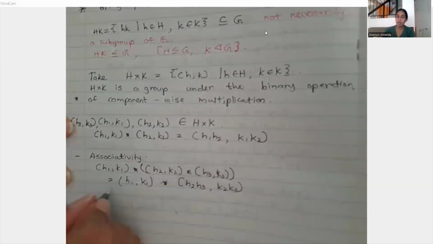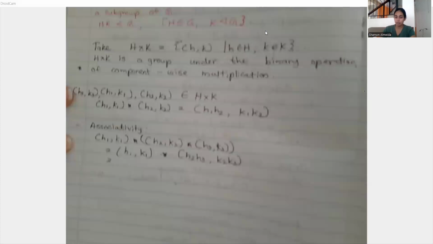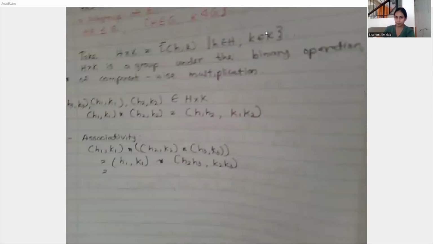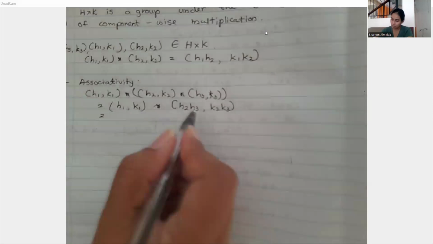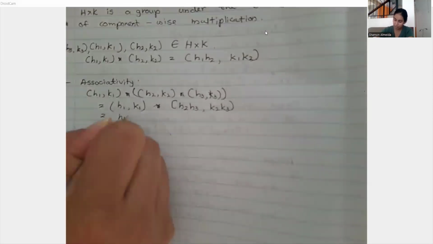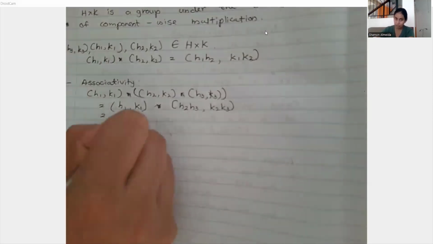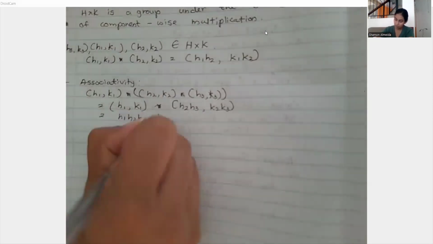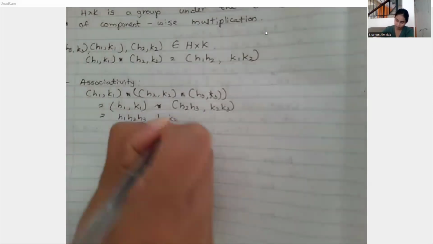We simply multiply component-wise. Once again, applying the binary operation, we see that this ends up being (h1 h2 h3, k1 k2 k3).